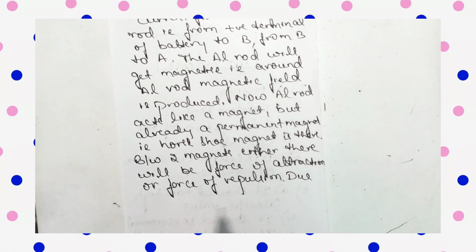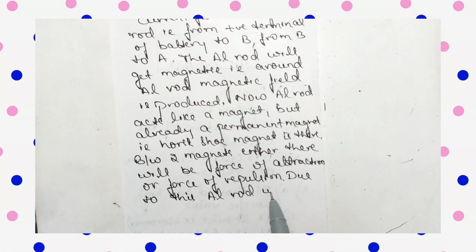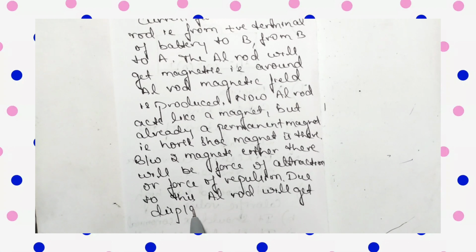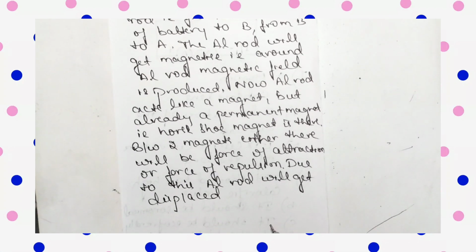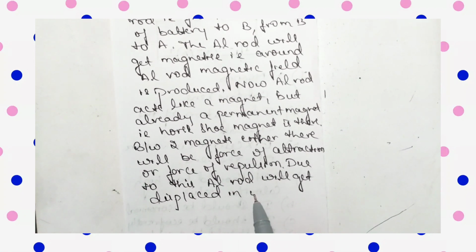Due to this, the aluminium rod will get displaced in one direction.